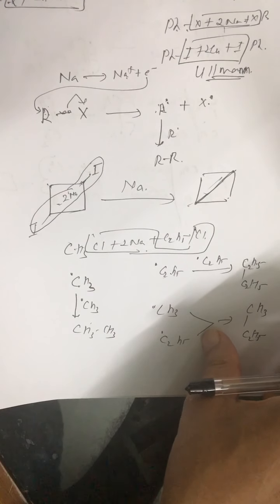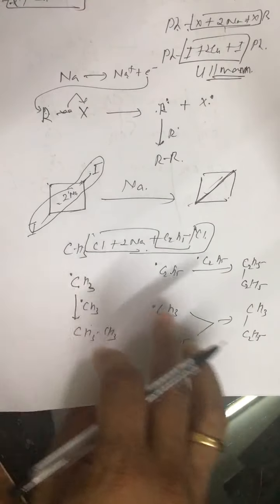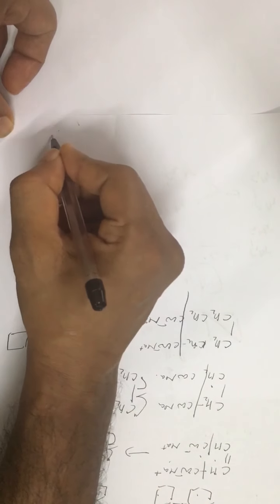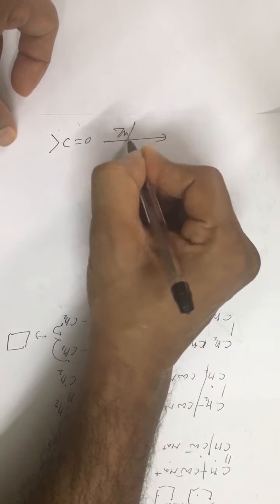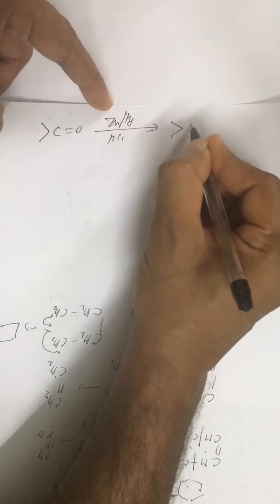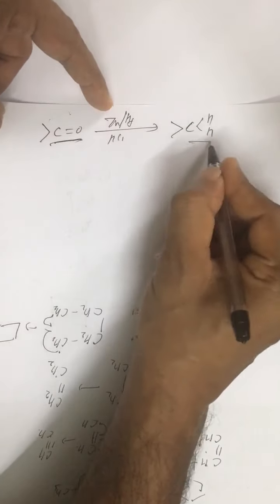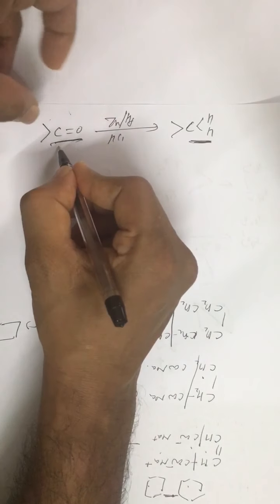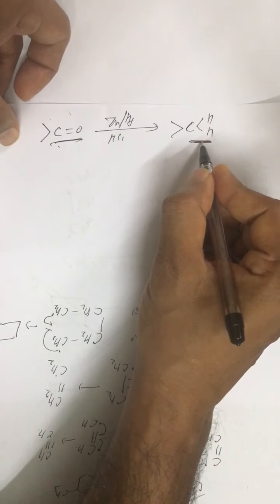All right, and then we have some reactions called Clemmensen reduction. Clemmensen reduction is reduction of carbonyl group using zinc amalgam and HCl, and we get C=O group reduced to CH2 group, means carbonyl group is reduced to methylene group, or carbonyl compound is reduced to corresponding alkane.